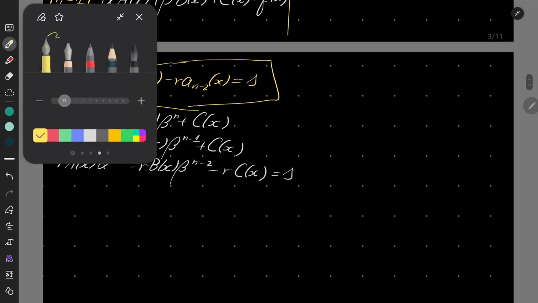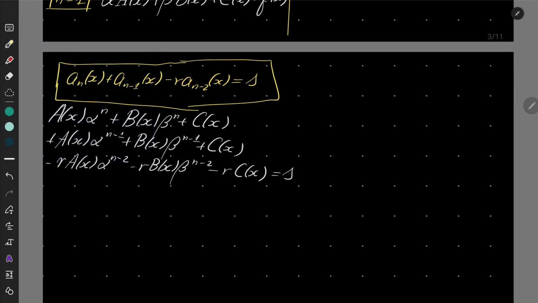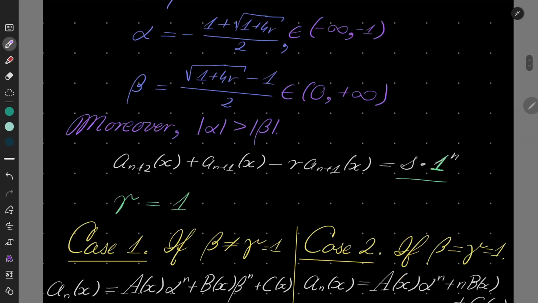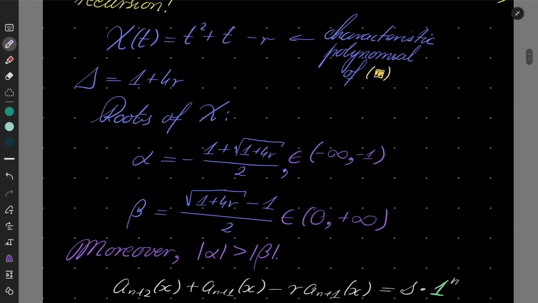And now let's take a look. These 3 numbers in our first column, their sum is just 0. Why is that? Because remember that alpha squared plus alpha minus r times alpha is 0. Why is it 0? Well, because it's defined exactly to be the root of this polynomial.